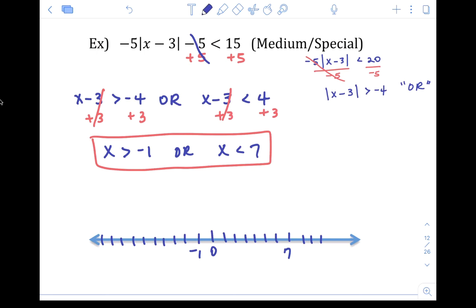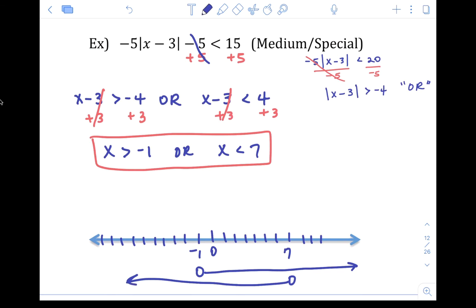In this case, you would have x is greater than negative 1, so you have this open circle with all the shading going to the right. When you have the 7, you have x is less than 7, so you would have this other open circle and everything less than goes to the left.